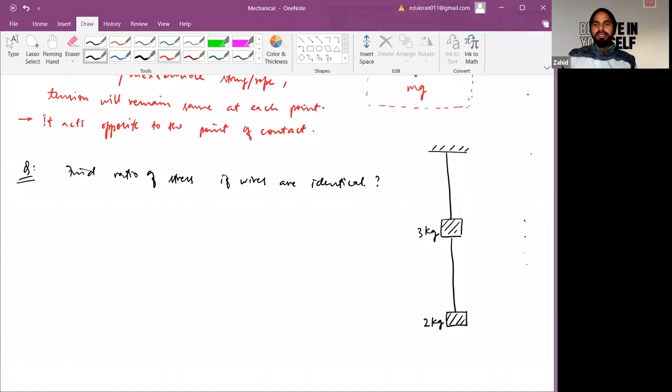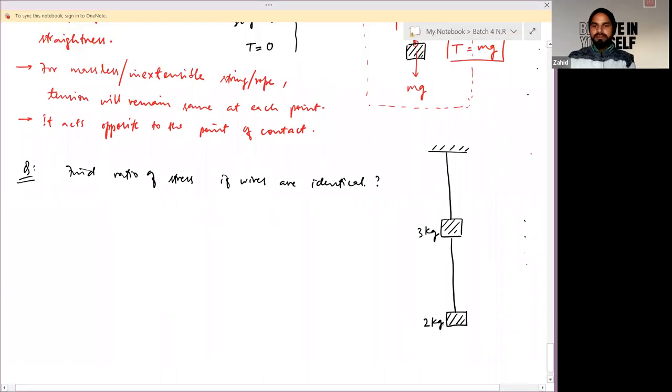First, try to draw tension for the lower segment. As mass of block is 2 kg, it will be attracted by gravity in the downward direction. So it will be 2 times gravity, or 2 into 10, 20 Newton.